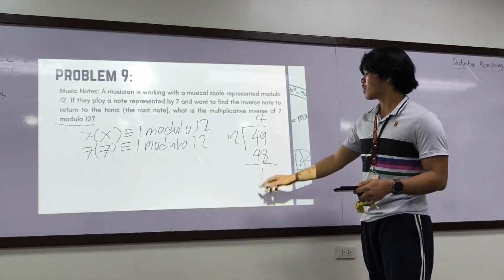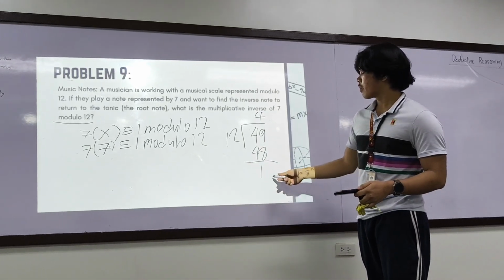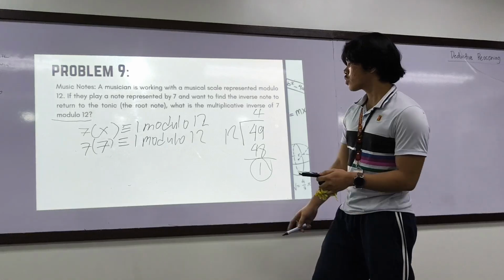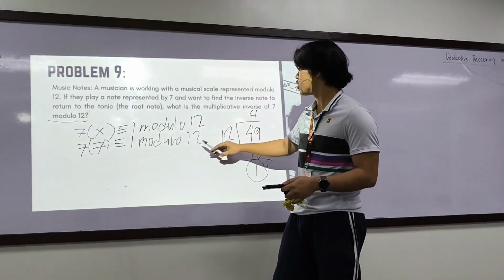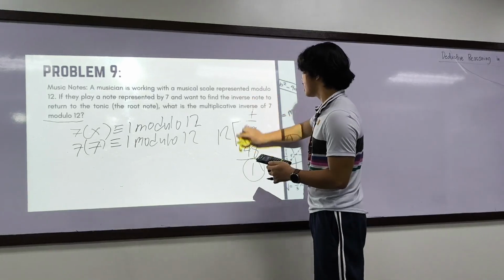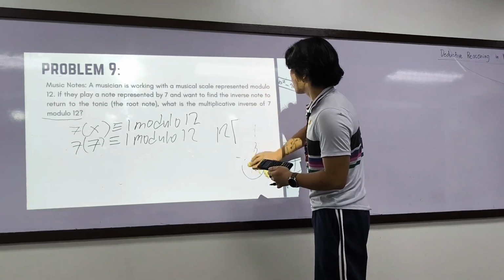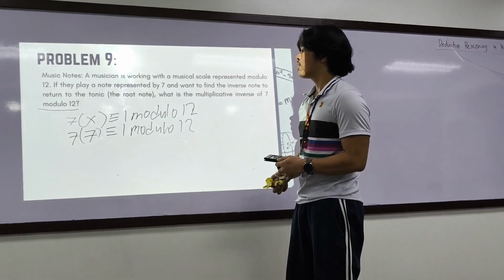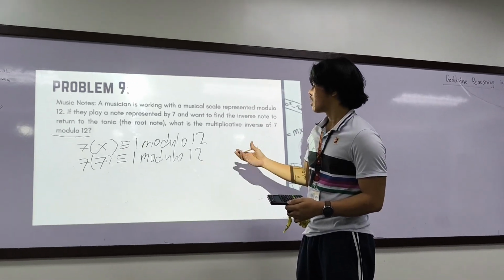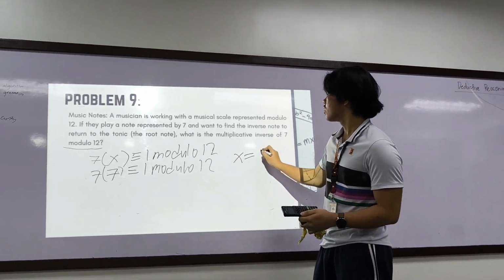So 49 divided by 12 has the remainder 1. So we conclude that 7 times 7 is congruent to 1 modulo 12. So the multiplicative inverse of 7 modulo 12 is equal to 7.